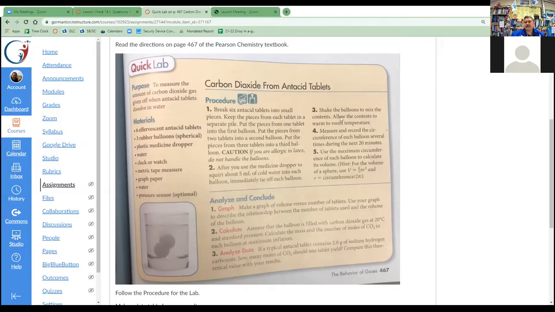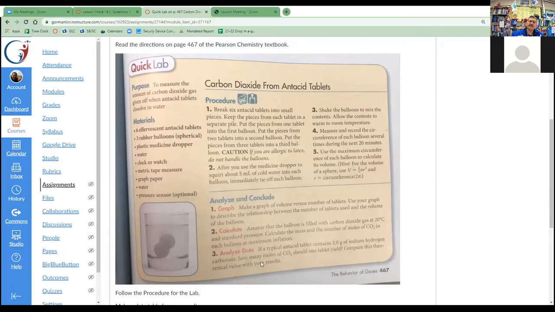Okay, and then number 3 says shake the balloons and mix contents, allow the contents to warm to room temperature. Measure and record the circumference of each balloon several times during the next 20 minutes. So once we get this started, I'm going to measure it at 5, 10, 15, and 20, so we'll get 4 measurements to work with.